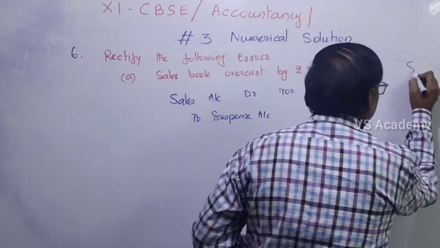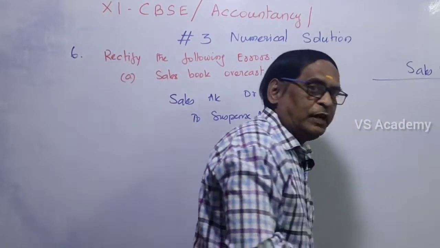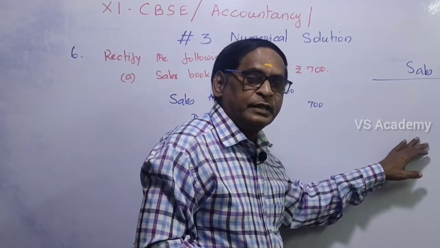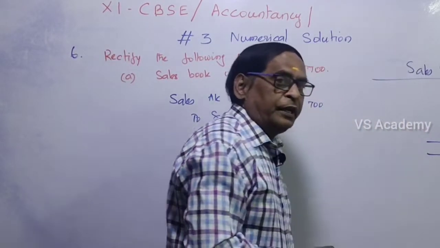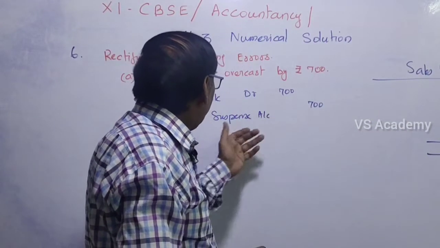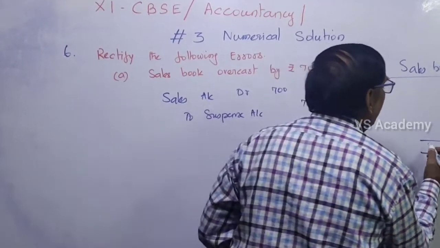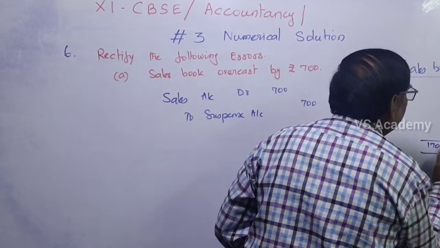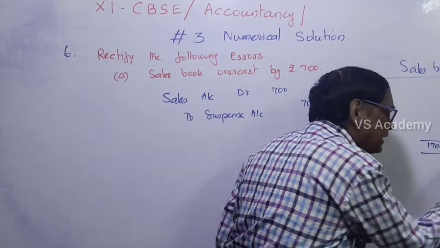Here the sales amount according to the sales book is overstated. For example, instead of 1000 we have mentioned 1700. So 700 rupees extra. So we have to cancel.